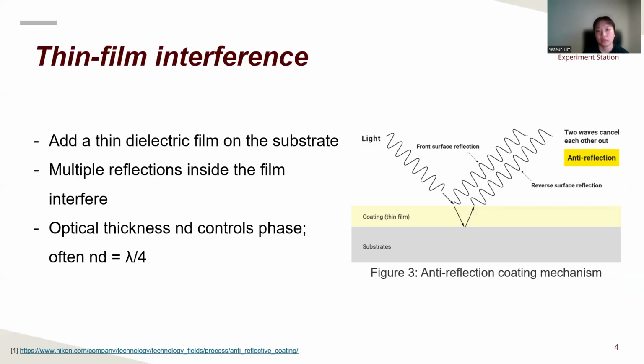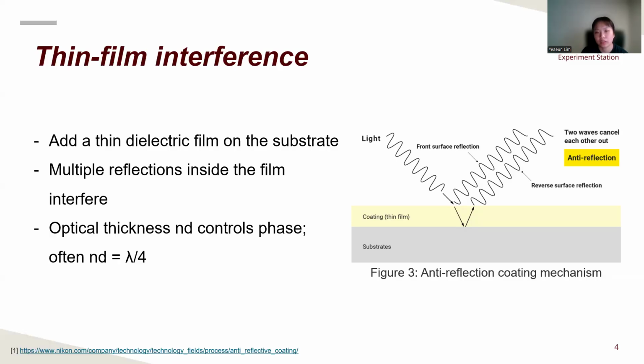Now we place a thin dielectric film on top of the substrate. The incident wave is reflected at both interfaces of the film, so we have several beams that travel different optical paths. When they recombine, the phase differences between them produce constructive or destructive interference.